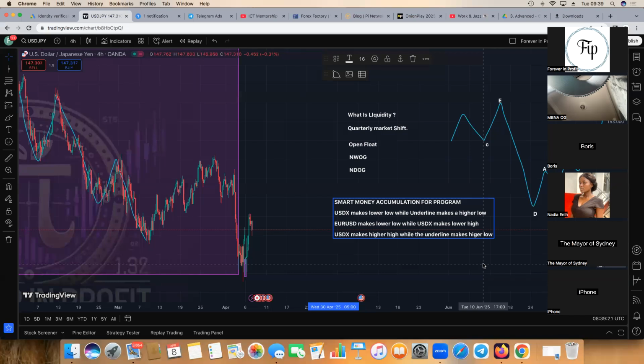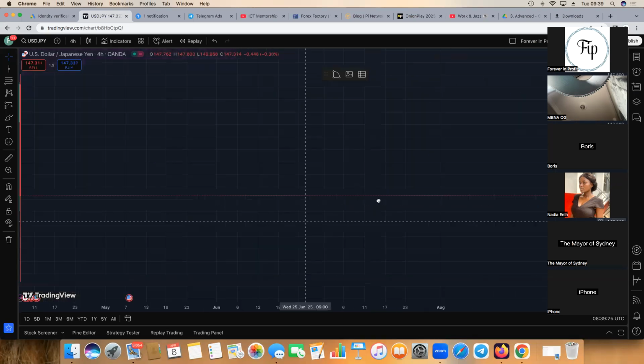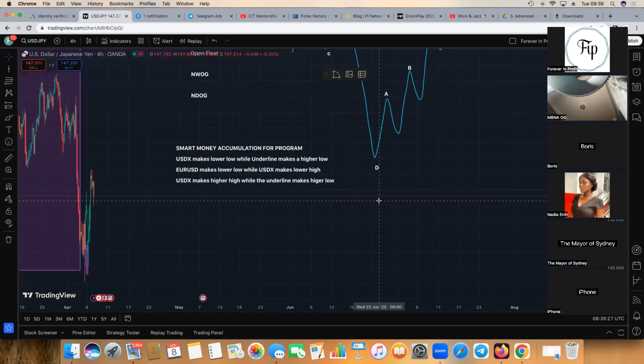When we're looking backward, what do we look backward for? On the interbank price delivery algorithm, the data that is provided is very important.